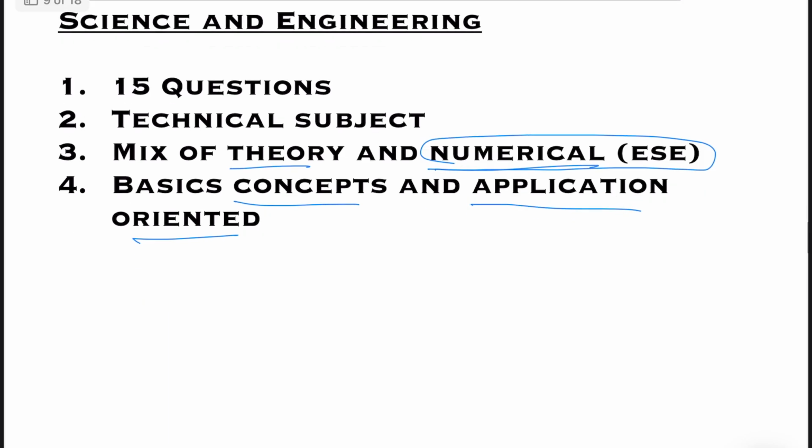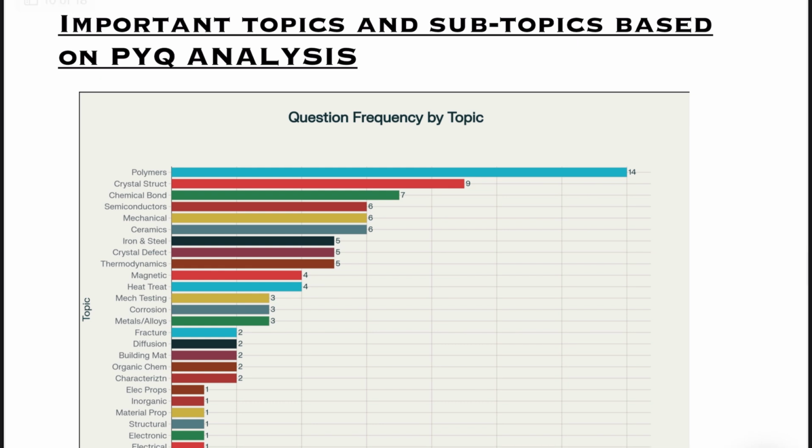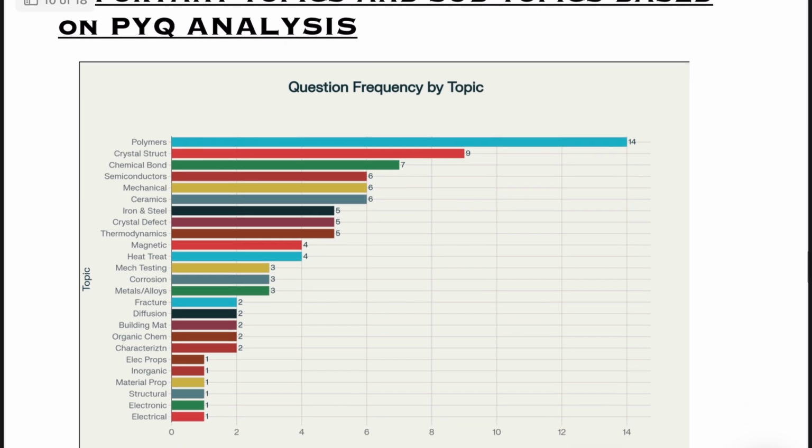And coming to the PYQ analysis, I have gone through all the PYQs of both ESC and IES questions pertaining to material science and engineering, and I have come to a conclusion about the frequency based on which the questions were being asked from each topic. Based on my analysis, the most important chapters would be polymers, crystal structures, and crystal defects.